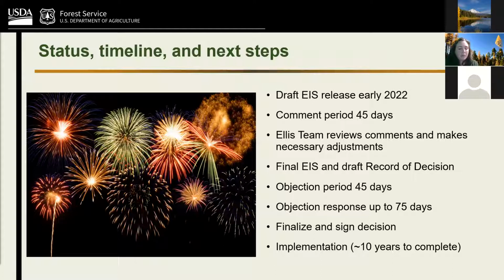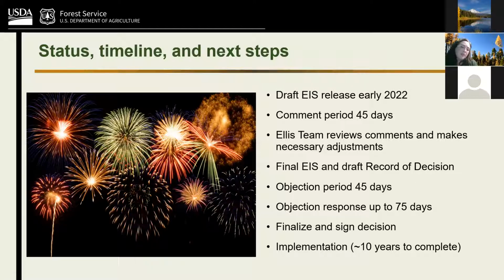Once we go through the objection process, and if we receive objections, those objections get sent to the regional office, and they do an administrative review on our document, on the objections we receive, and they provide us some recommendations on how to modify the draft decision in order to respond and fully address any objections.